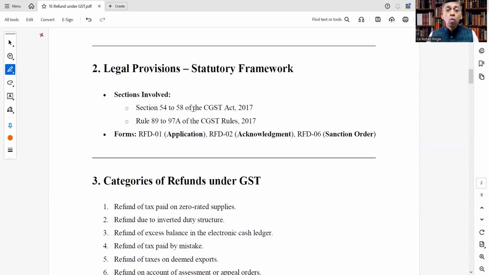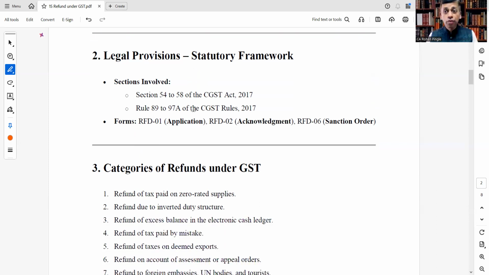What are the legal provisions, the statutory framework? Sections involved are section 54 to 58 of the CGST Act 2017 and rules 89 to 97A of the CGST Rules 2017. And what are the forms for application? RFD 01.